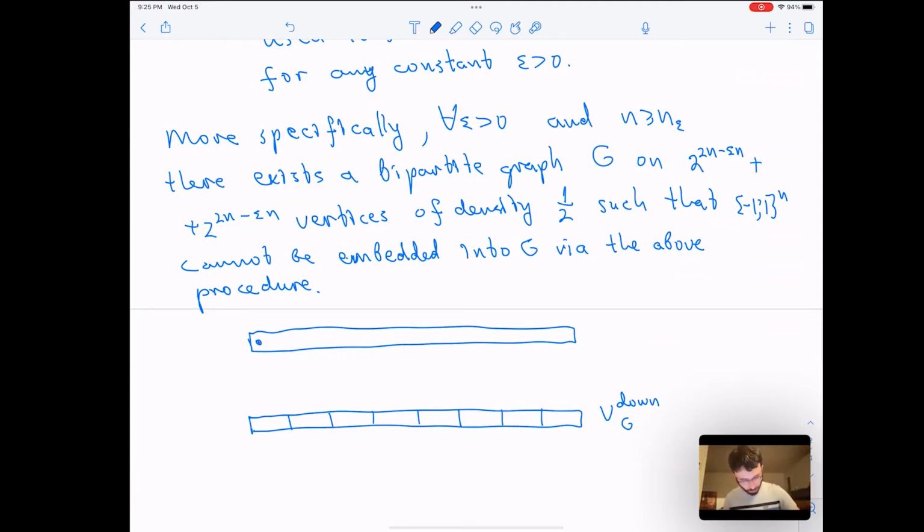Then for every vertex here, we choose uniformly at random half of the blocks. For example, here we have 8 blocks, so we need to choose uniformly at random 4 blocks. Then for each of the chosen blocks, we connect this vertex to all vertices in the block, like this.